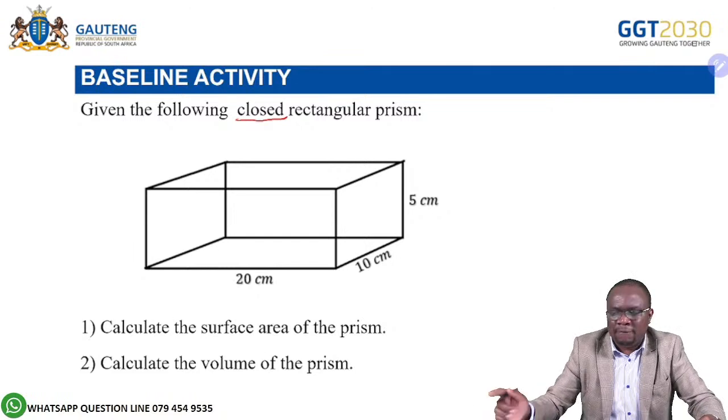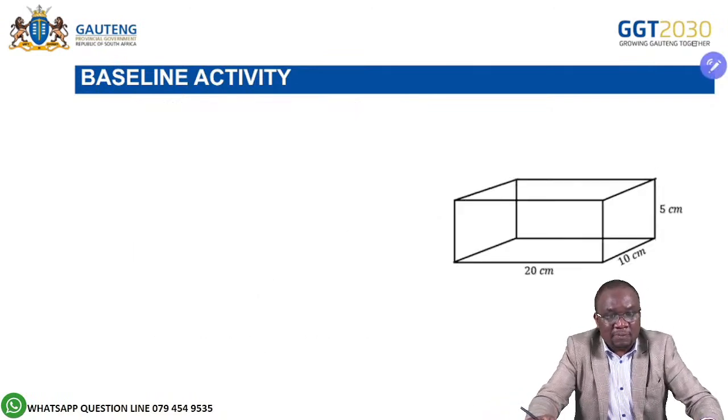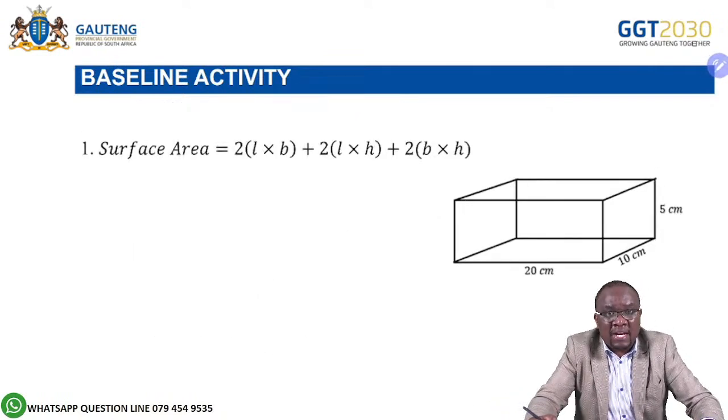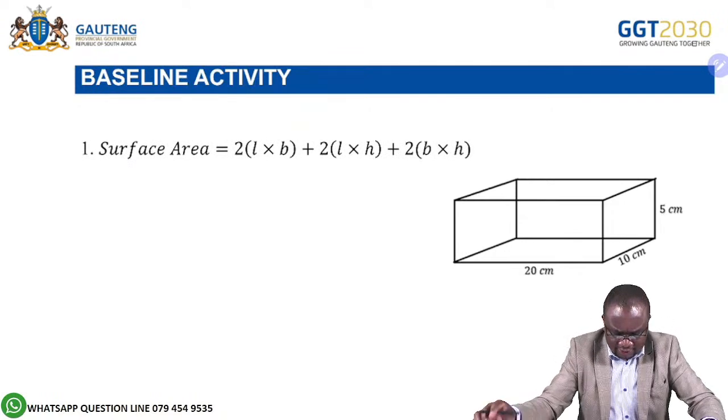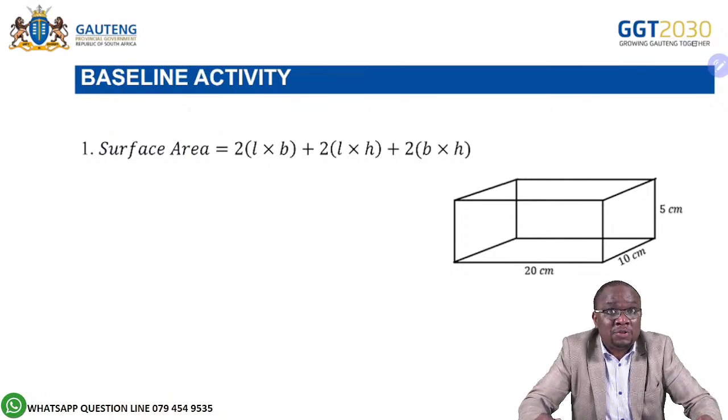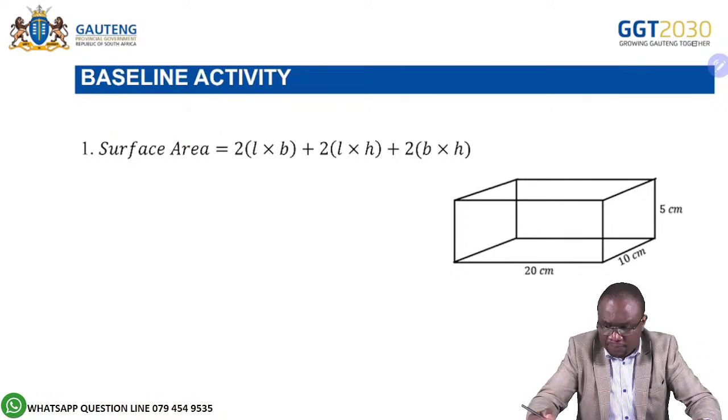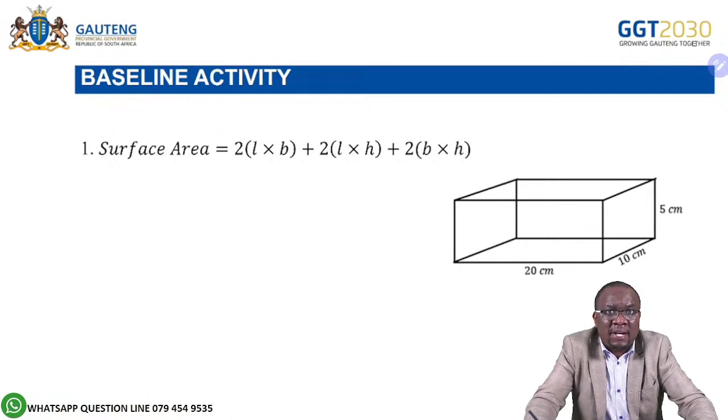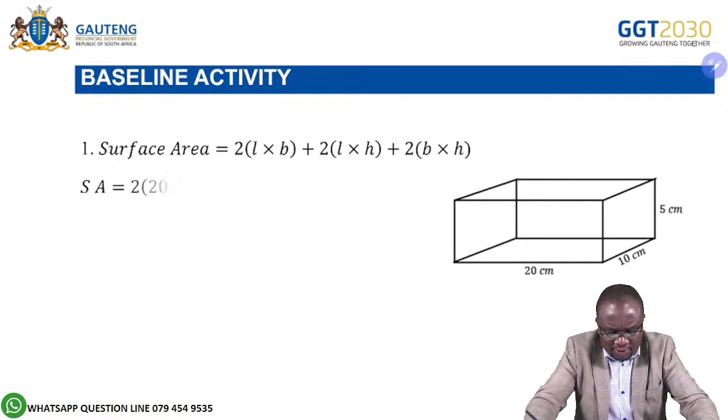So we can use our formula: 2 times length times breadth, plus 2 times length times height, plus 2 times breadth times height. I will show you the other method. Remember, we have 2 methods that we can use. Now you're marking your work. We just substitute into this formula.